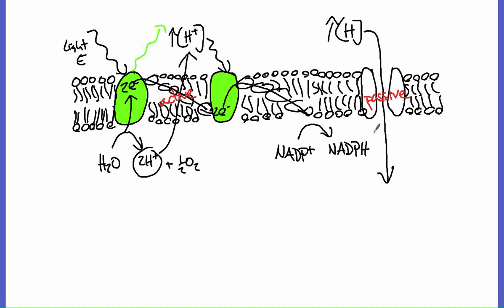So as that hydrogen ion flows through, you can make this thing spin. And this thing is actually also an enzyme and powers a secondary function where it's going to make a lot of ATP. So I've been pushing that hydrogen ion across the membrane for a reason, and the main reason is so that I can power the production of this ATP from ADP. This enzyme is called ATP synthase.